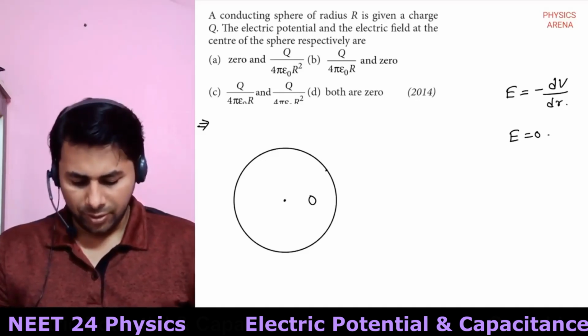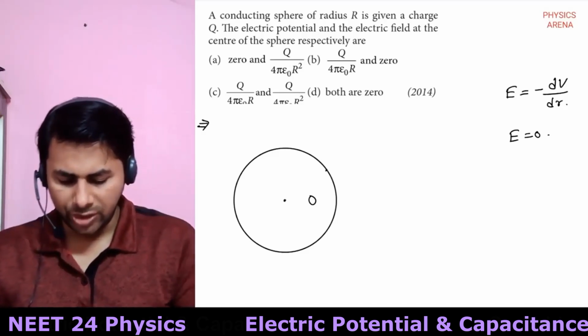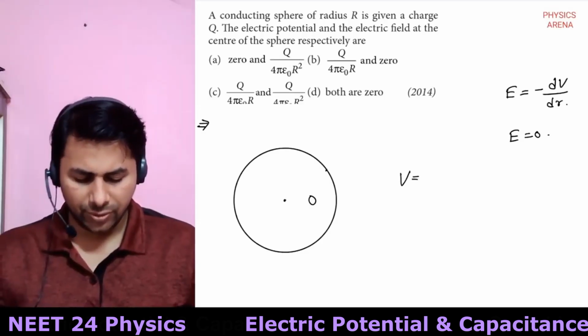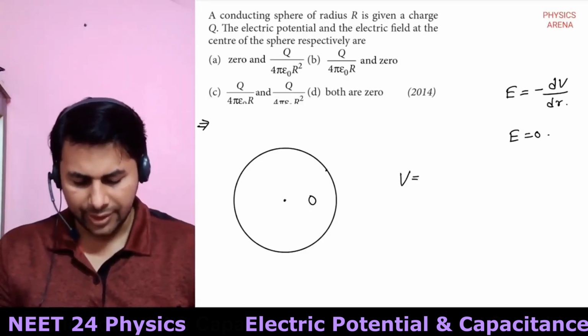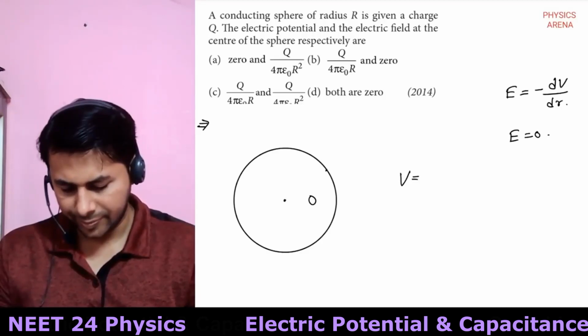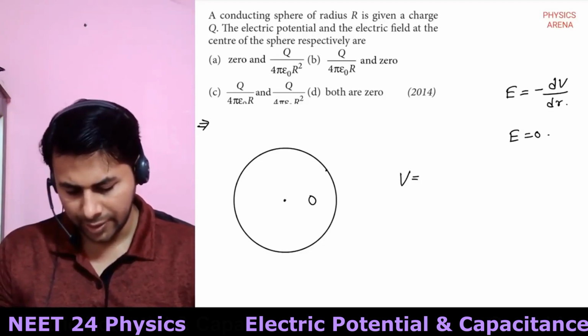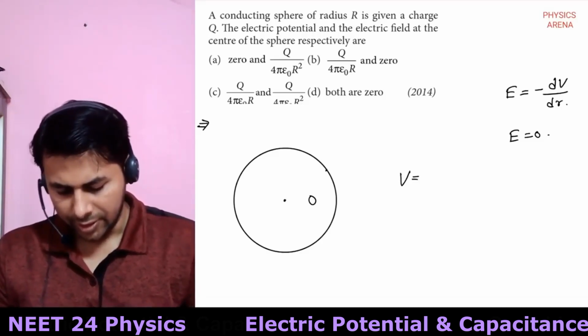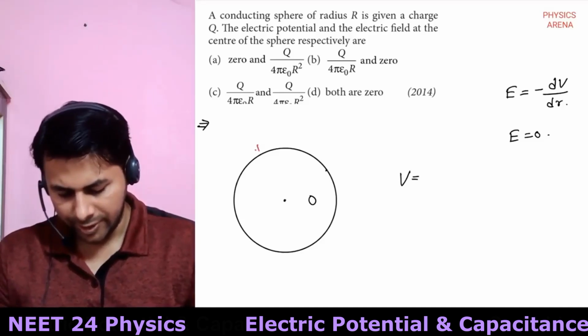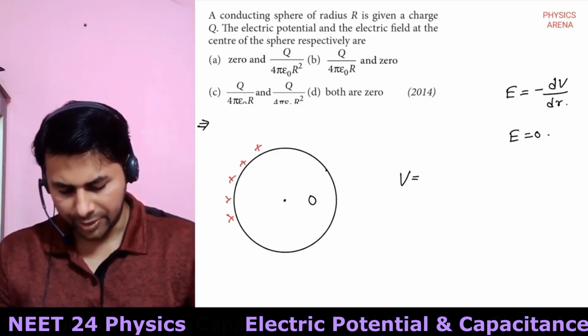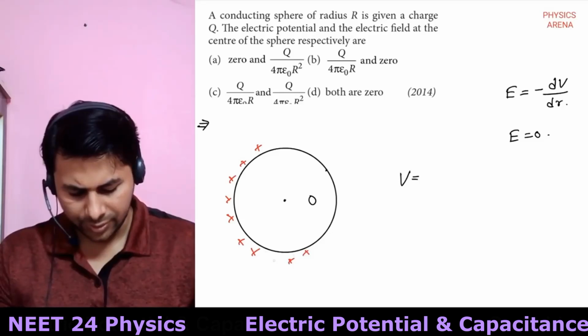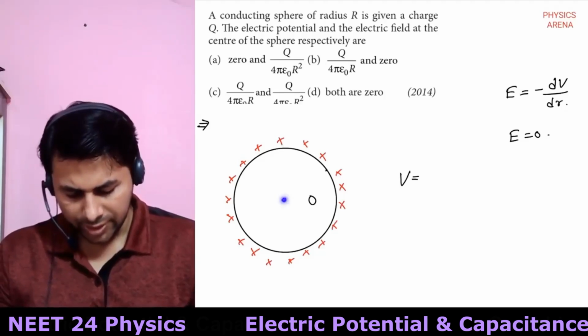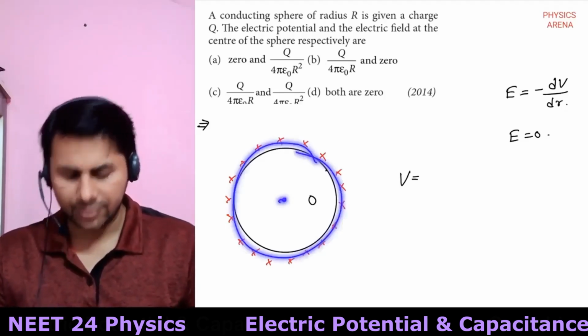So the electric field is 0. Now how much is the potential? Suppose you take any internal point. They are asking at the center. The charge on this sphere is capital Q. How much is the distance of this point from this charge?